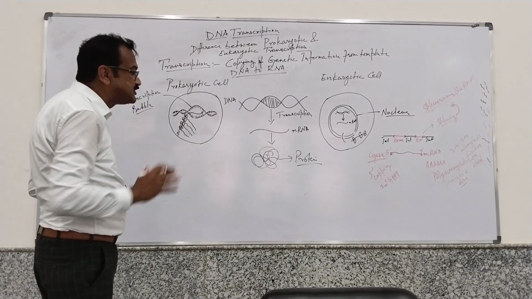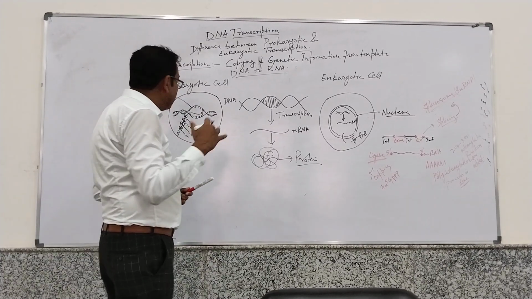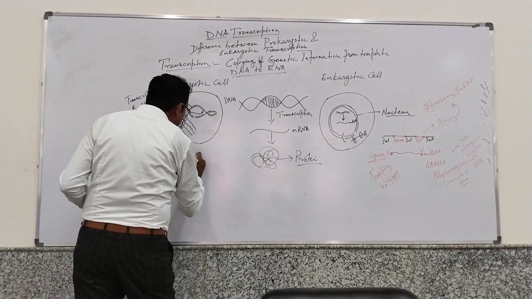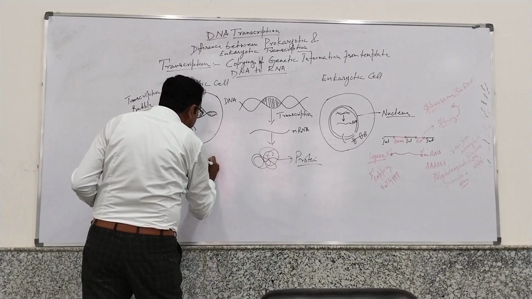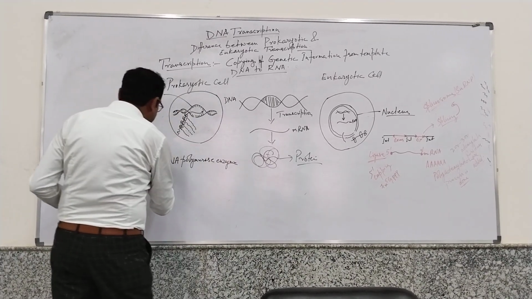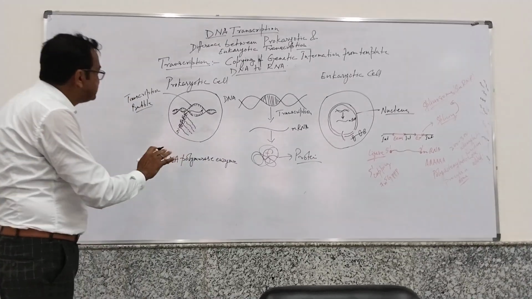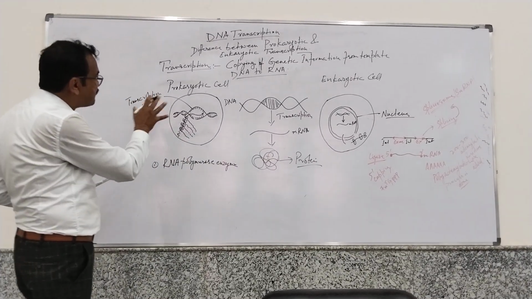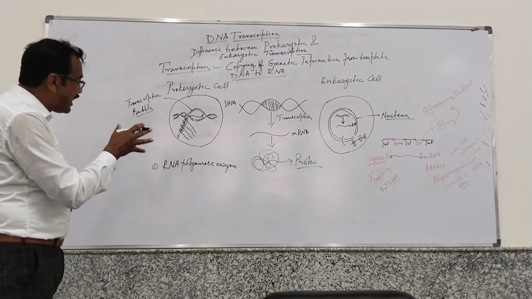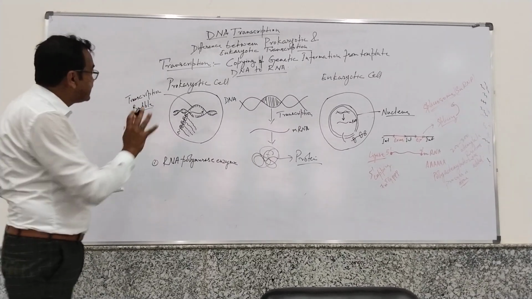The fourth one, I would like to say, is that there is a single RNA polymerase enzyme which takes care of the entire process of transcription in the prokaryotic cell.